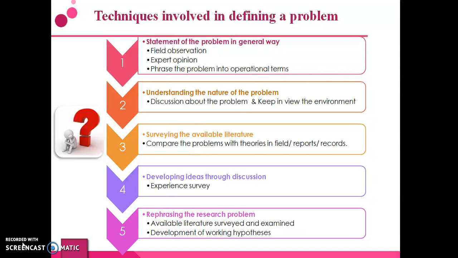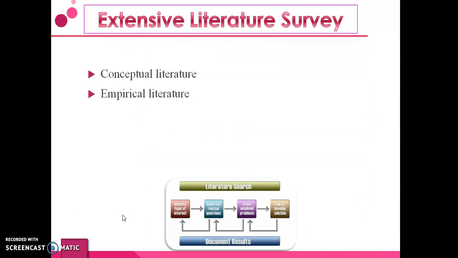We need to go and gather the information from them, and after that, we need to rephrase the problem. With the available literature surveyed and examined, the development of a working hypothesis will be highly useful. That is a very simple thing. We are going to phrase, explain and define the problem. This is what we do in this particular stage.